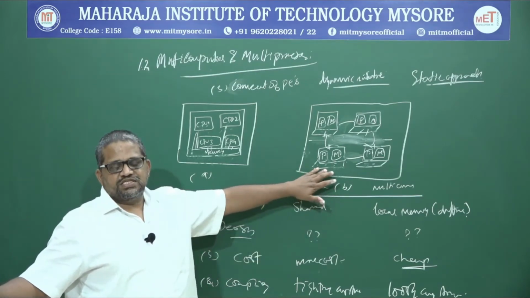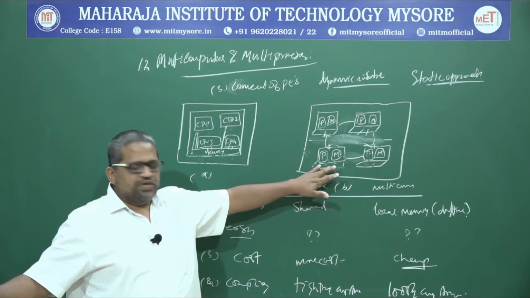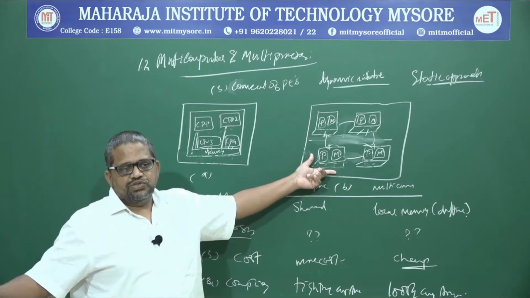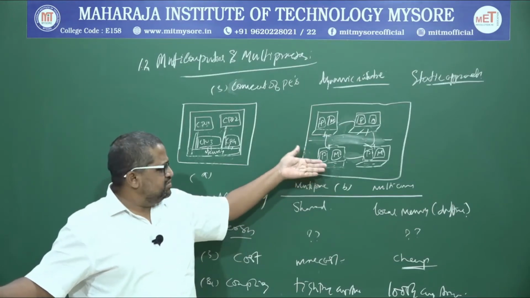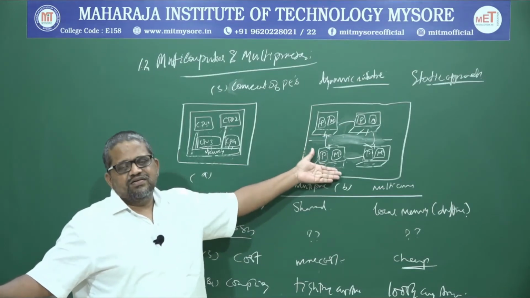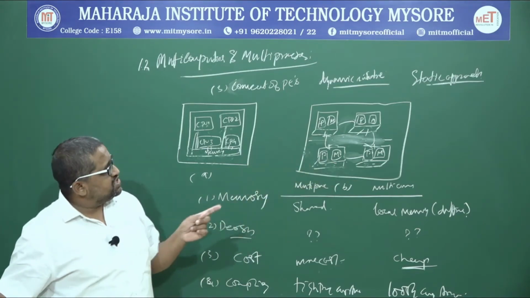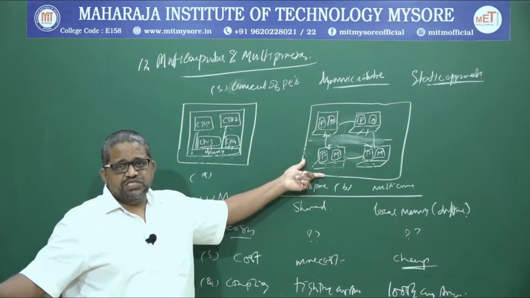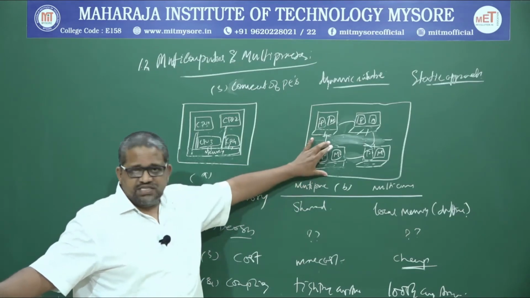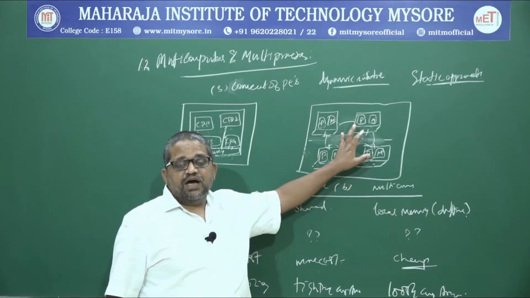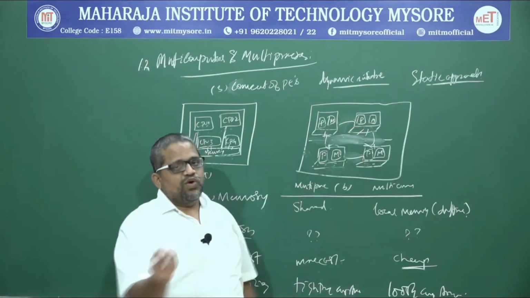Because it supports scalability to a larger extent, this is very widely used. Most of the applications that you see are derived from this, right? Why are most applications derived from this distributed approach? Because you are using the existing system, but you are defining an interconnection mechanism, and above that you are defining one layer.